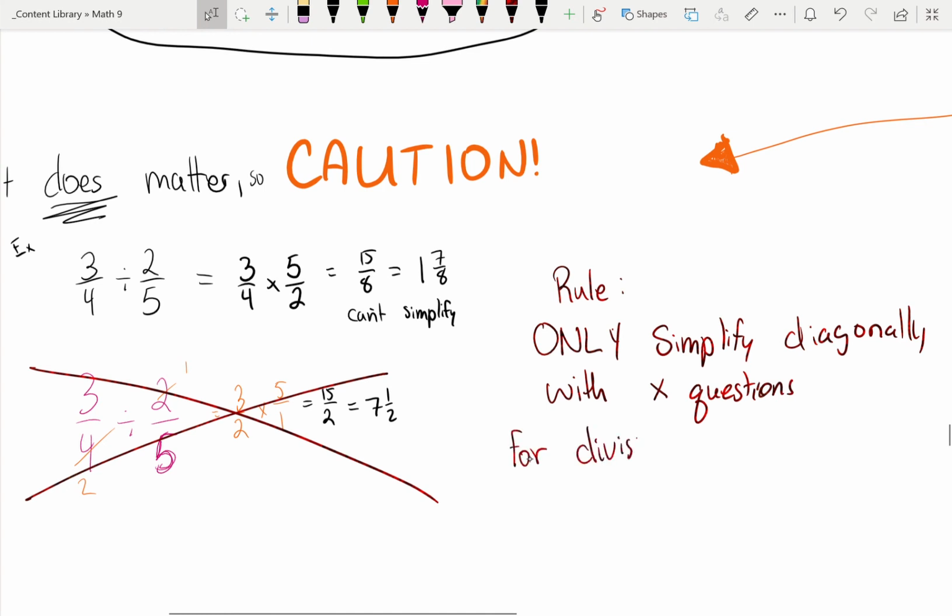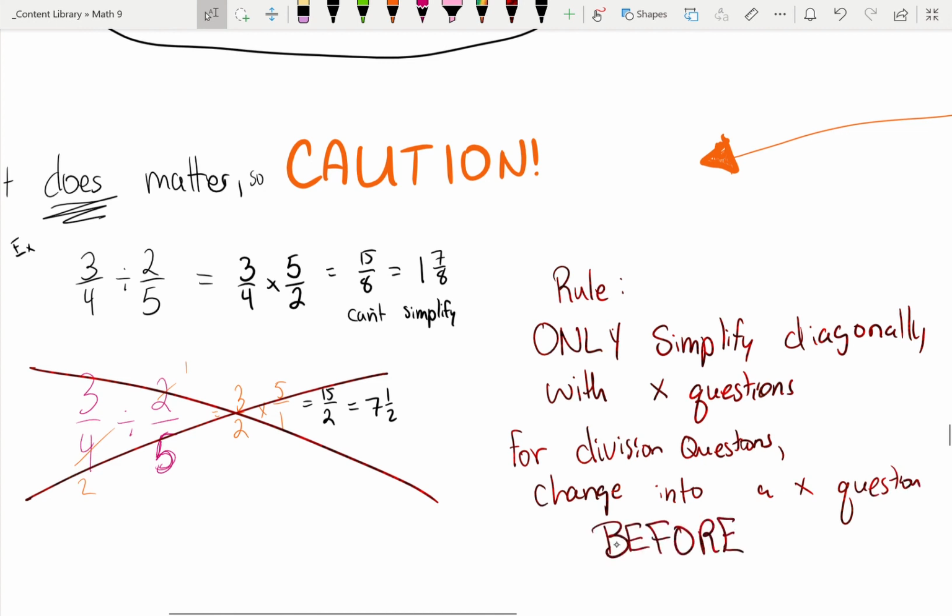For division questions, change into a multiplication question before simplifying.